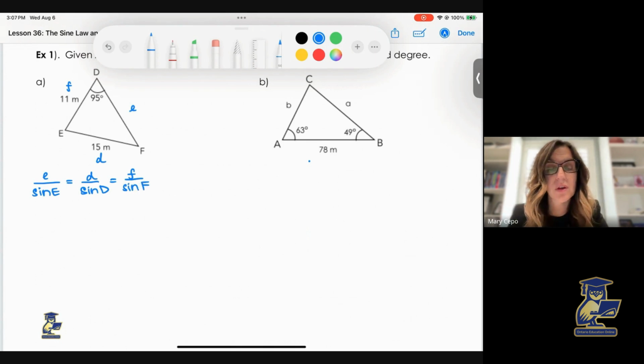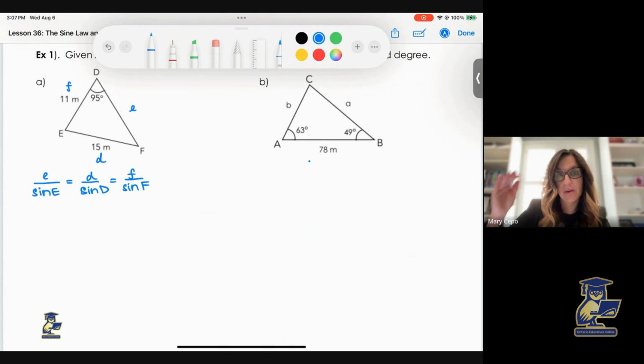If we're starting with the sides, they would be the numerator in each case, and we'd put the sine in the denominator. So you have to be consistent. You can't mix and match. All the sides on the top, all the sines on the bottom. The order again, D, E, F or F, E, D, does not matter.